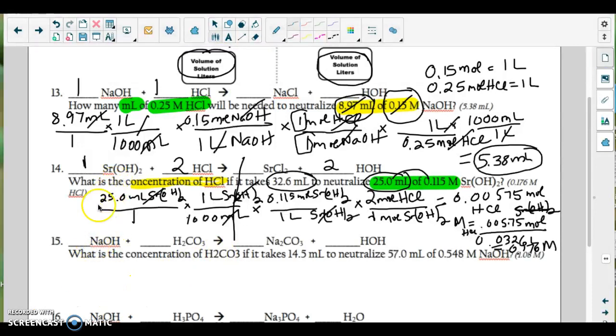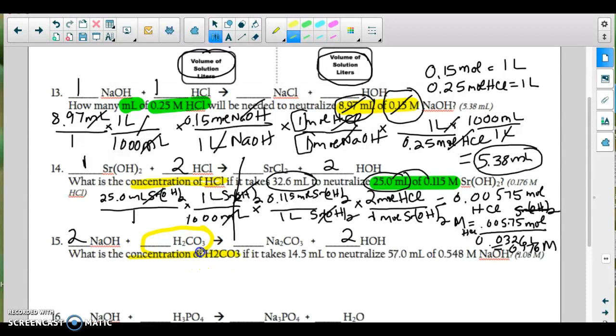This problem is similar to the previous one, so you might want to try solving it before you watch the solution. But if you've paused and tried it, you'd first of all want to start with a balanced equation. Then the question is, they want to know the concentration of this carbonic acid.